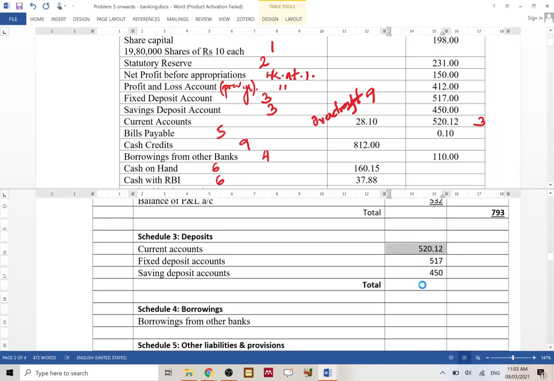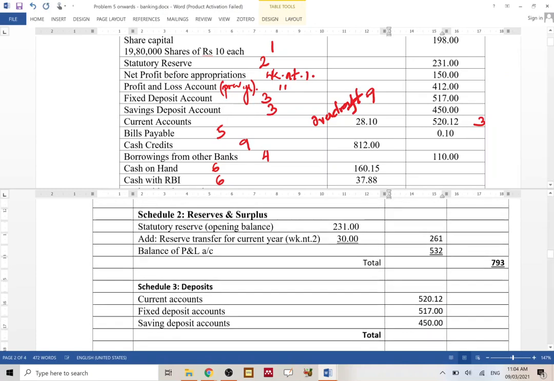Okay, 520.12. So again, how much do we get as a total of the deposits is, just again write this in the decimal form as much as possible. Try to follow.